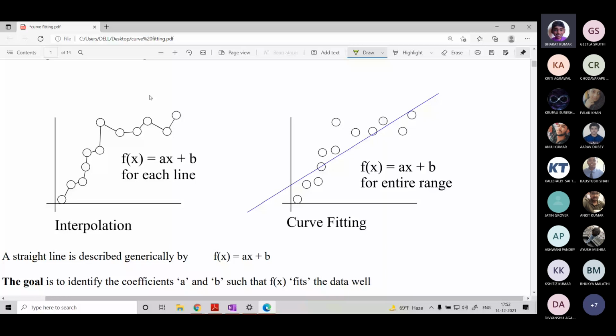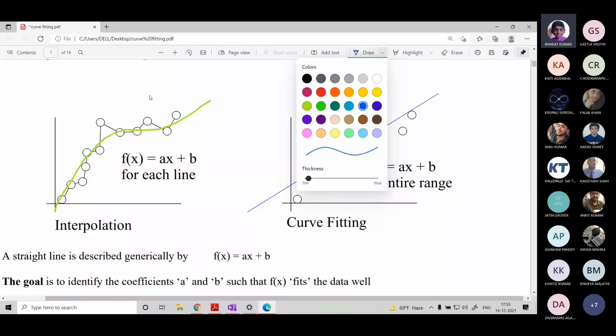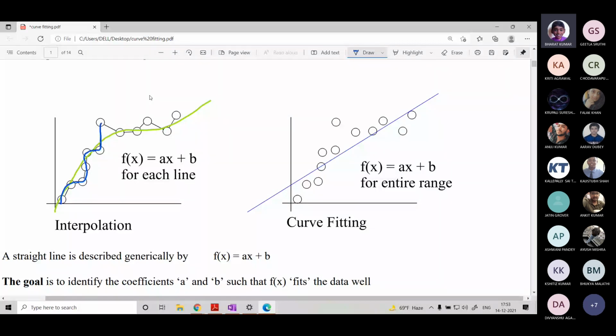Maybe this kind of curve is there, which will be maintaining the trend. If you try to fit a polynomial through all the data, what will happen? Let me draw the polynomial through the data. Then maybe this will be the polynomial. That relationship is not looking good. But this yellow line may be a third degree polynomial.